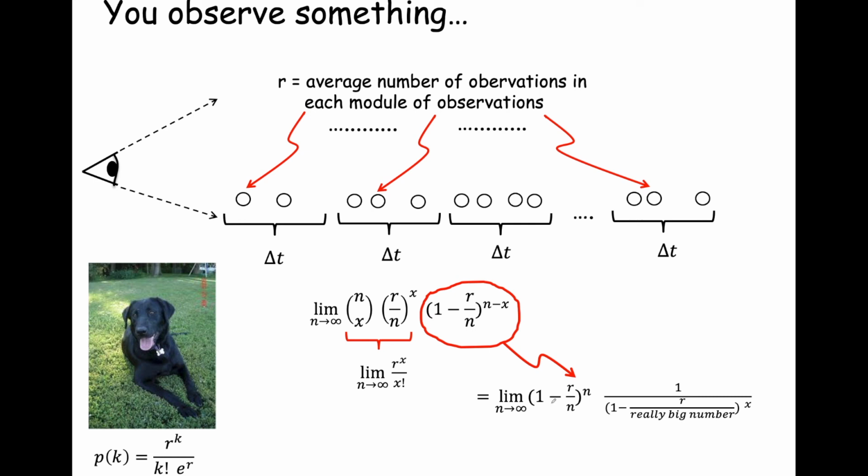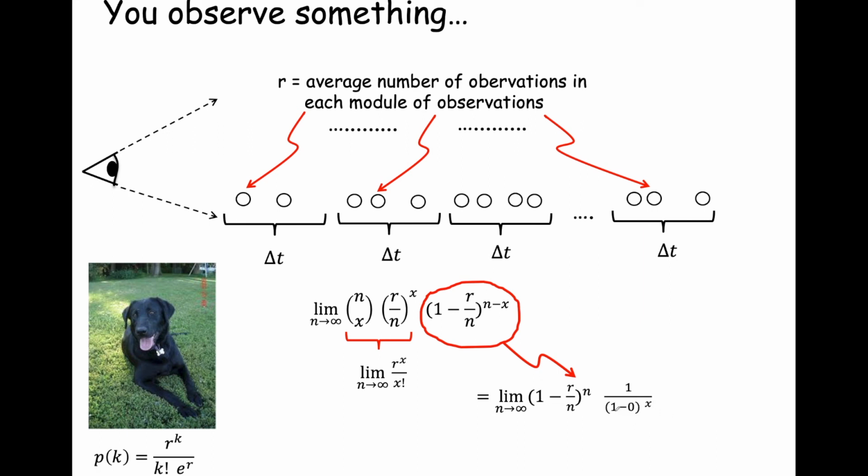Now, if n goes to infinity, n in the denominator gets really, really big. I have 1 over 1 minus r upon n to the x power. So that's really 1 minus r upon something really big as n goes to infinity, all raised to the x power. A constant r, it's a rate, divided by a really big number, well, that's 0.